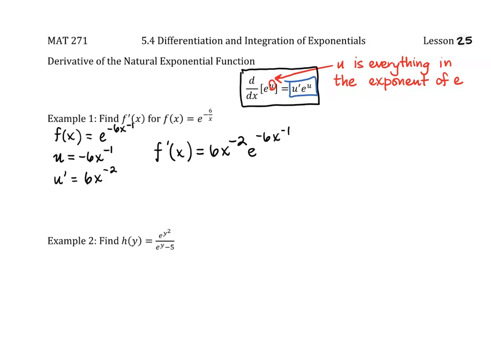The last thing I'm going to do is just rewrite this so we don't have so many negative exponents. I will rewrite the x to the negative 2 as an x to the positive 2 in the denominator, and our new exponent on e will be negative 6 divided by x to give us our final answer for our derivative of this function.